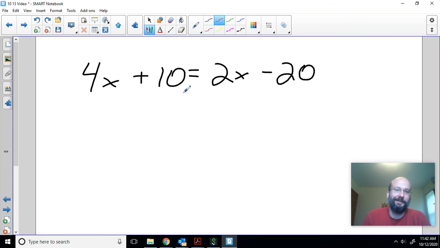All right. What's our next step? This one's a little tricky. Remember, we want to get our x's to the same side. So we want to get all of our variables to this side. So what would our next step be? You're going to move this x over here. And what's that property called?